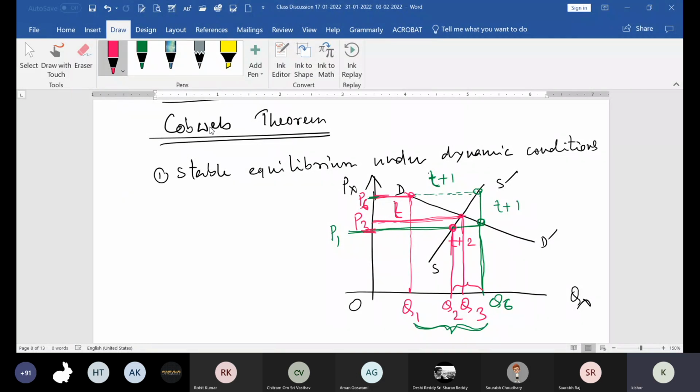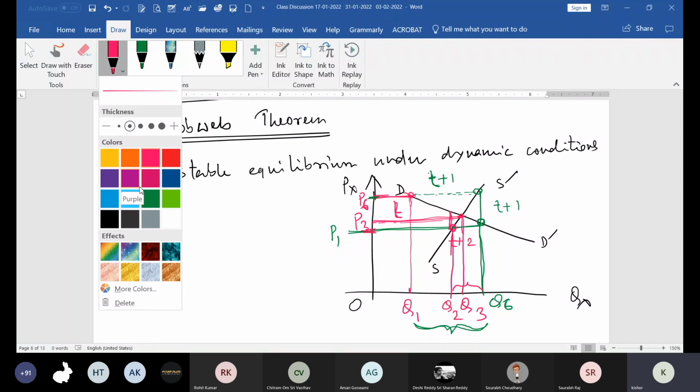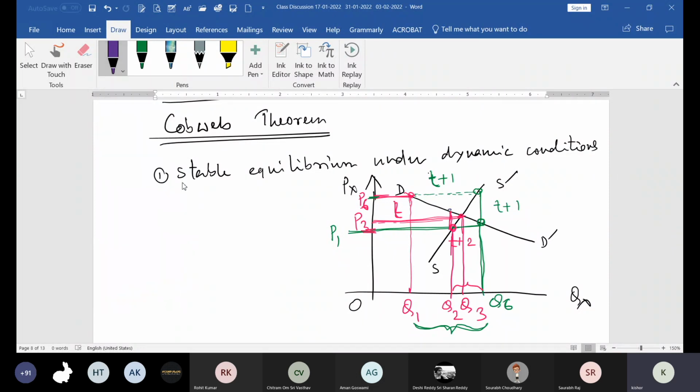When shortage of supply is there, scarcity of a product is there in a market. What will happen? Immediately price will go up. Immediately price will go up, and that price is represented by, suppose, here P5.